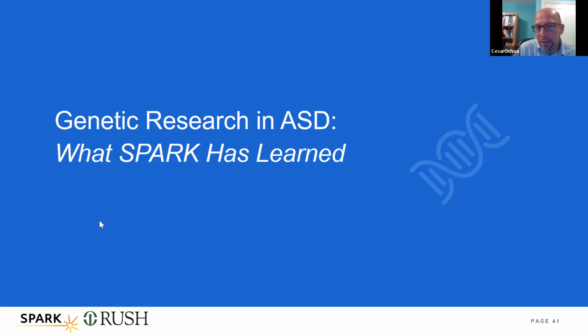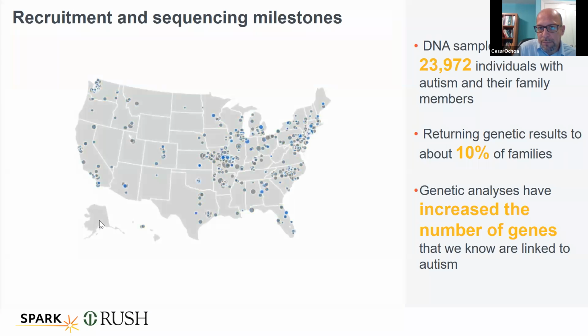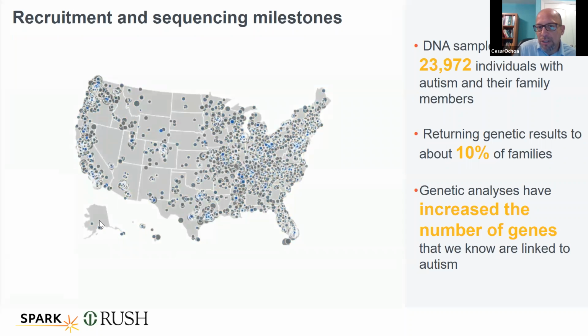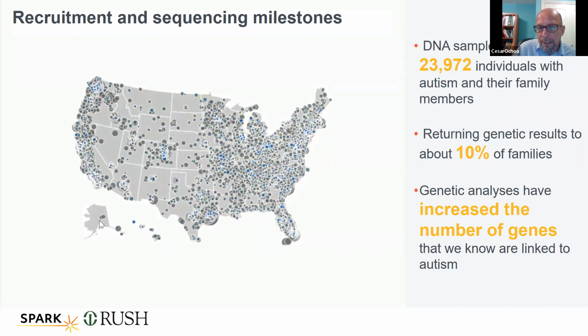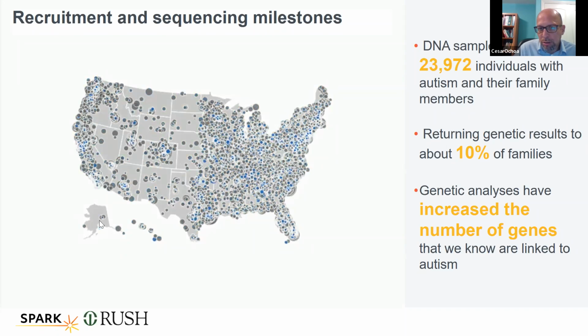So what do we know now from the 6 years of Spark? We have like 24 samples from individuals with autism and their family members. We have returned 10% of genetic results. They usually report only the positive results.